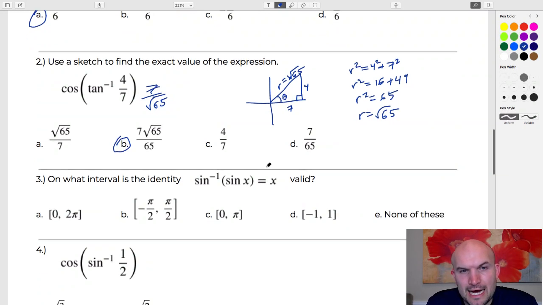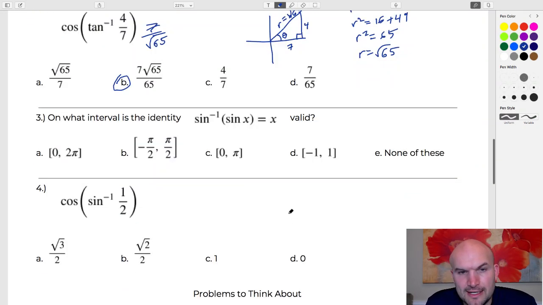On what interval is the identity sine inverse of sine of x equal to x? There are a couple of different ways we could look at this. First of all, if I'm taking the inverse, it doesn't really matter what this is right here. That's there to confuse you, because if you're taking the sine inverse of anything, the sine inverse is restricted. You can only take that inverse between values of negative pi halves and pi halves.